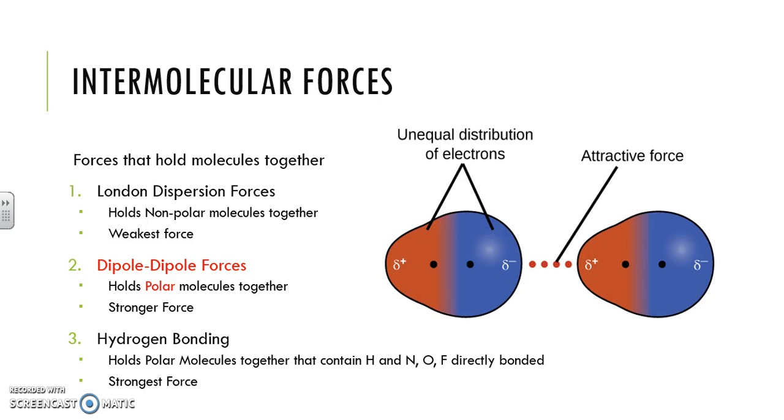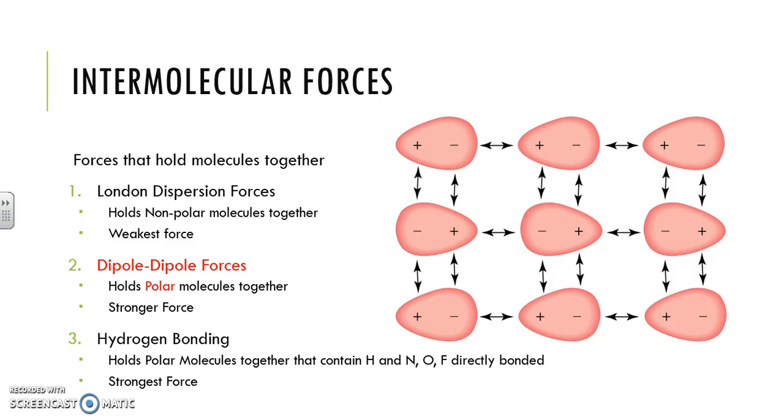Now, polar molecules have a more permanent distribution of the electrons around the outside, where you have the electrons pushed to one side on a permanent basis. That sets up a more permanent style magnet on the inside of your molecule, a partially negative side and a partially positive side. And just like in the London dispersion forces, a positive and a negative side can attract, and that can set up a lattice pattern on the inside of your substance.